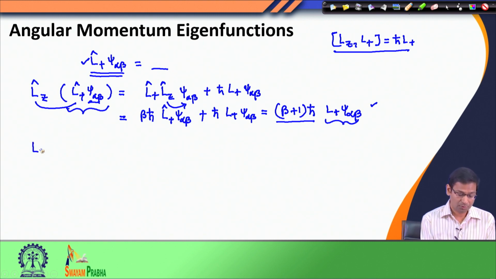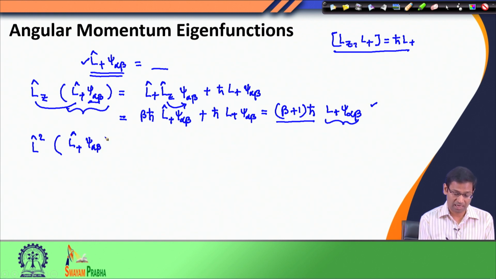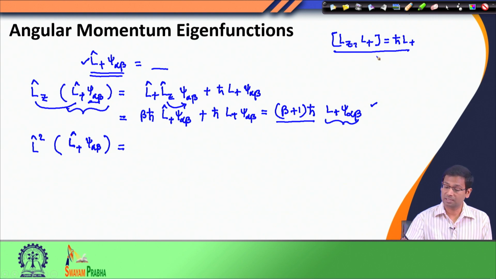Alright. Now, I will see what I get when I make a measurement of L square on this function. So, when I apply L square on psi alpha beta, what would be the outcome? I can show that L square and L plus commute.